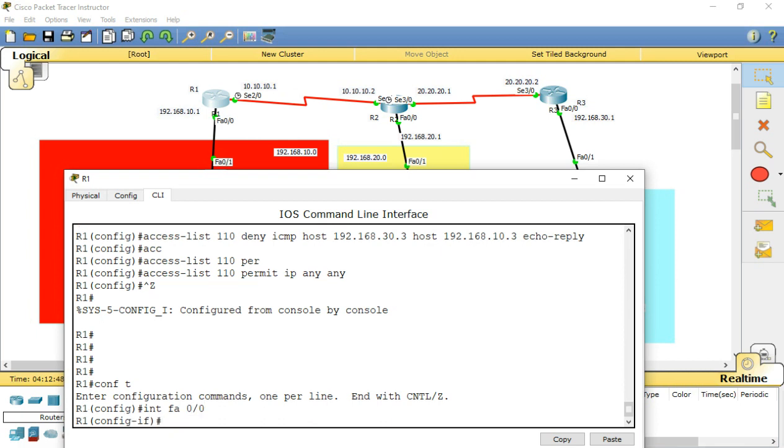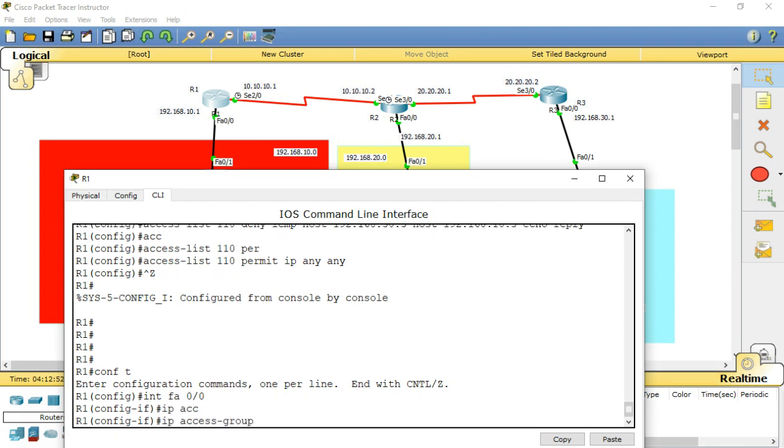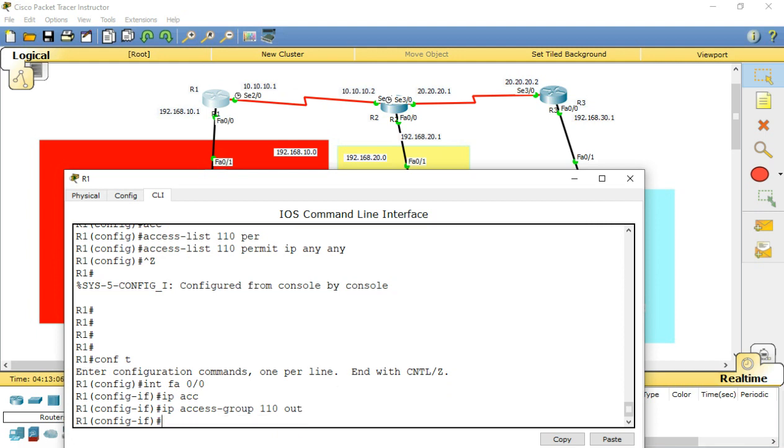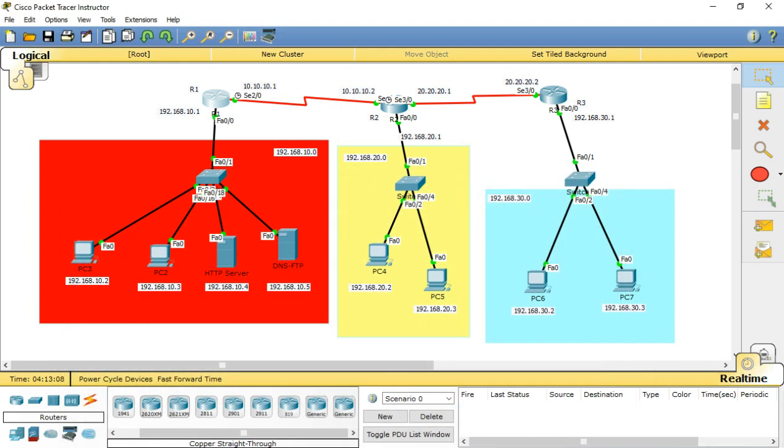We write ip access-group 110, and you can write out, going out from the router, or in, coming into the router. Coming in means the packet that comes to the router.